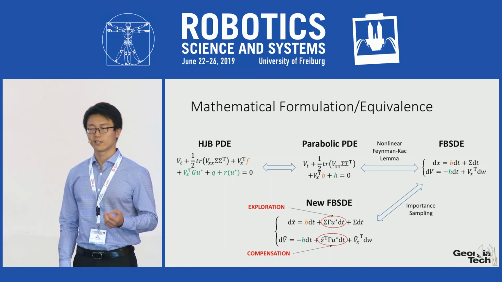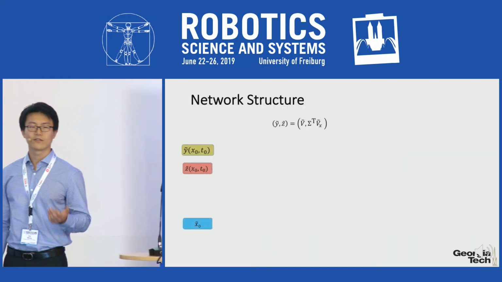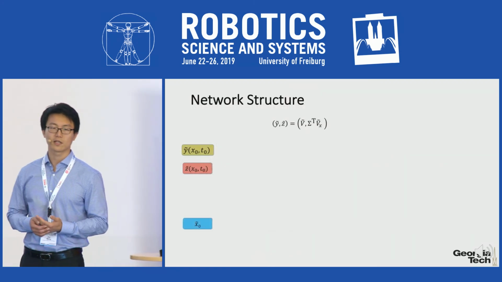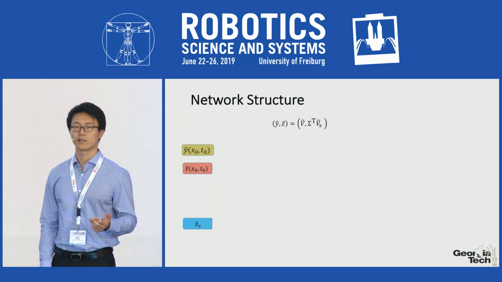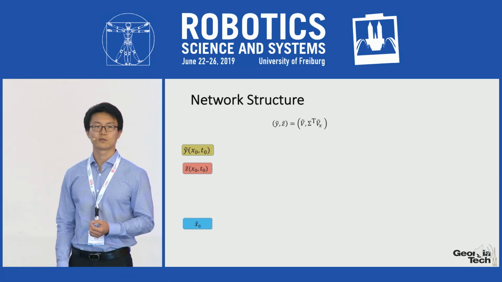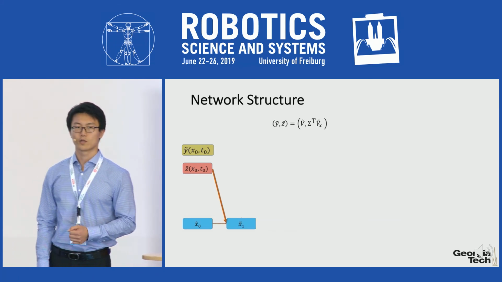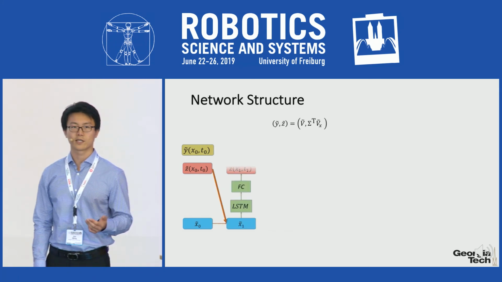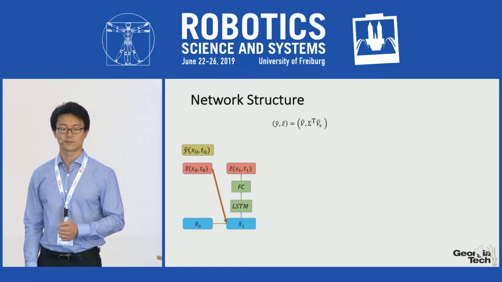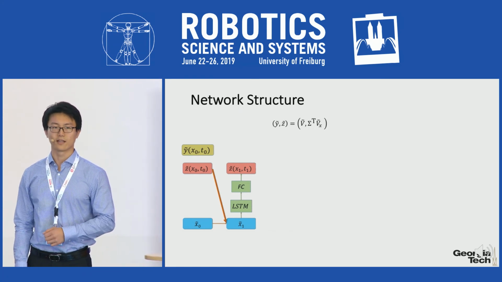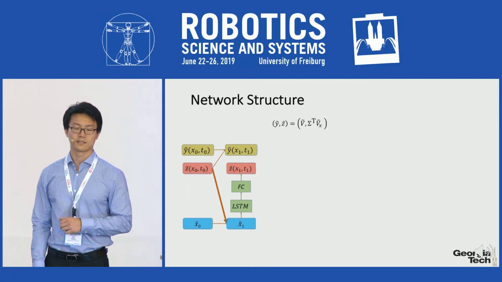And we use deep learning to solve the FBSDE problem. Given some initial state, we first randomly initialize the value function and its gradient. And then using the closed form solution for the optimal control, we can forward propagate the dynamics to the next state, which is then fed into a neural network for the prediction of the value function gradient at that state. We also forward propagate the value function using the backward SDE.